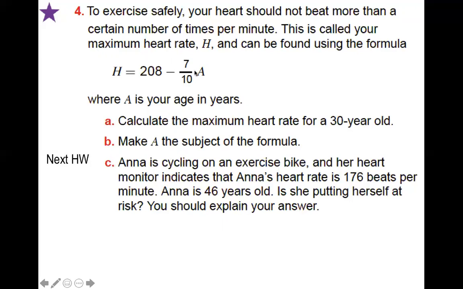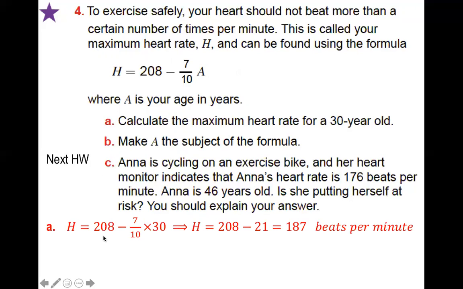To do that, you just substitute A equal 30 into this formula, and that should give us 208 minus 7 over 10 times 30. If this question is a non-calculator one, you've got 7 times 30 divided by 10.